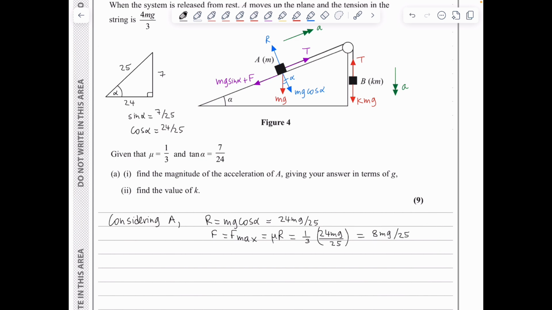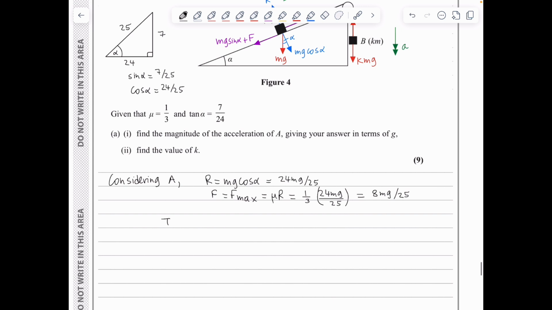This is the frictional force, and I can proceed with the forces acting up the plane minus forces acting down the plane, being mass times acceleration. So we're looking at T minus mg sine alpha minus F is equal to ma. We're trying to find a here.